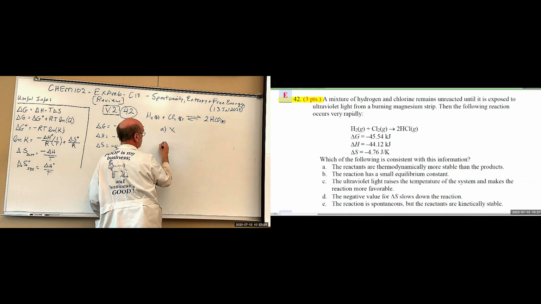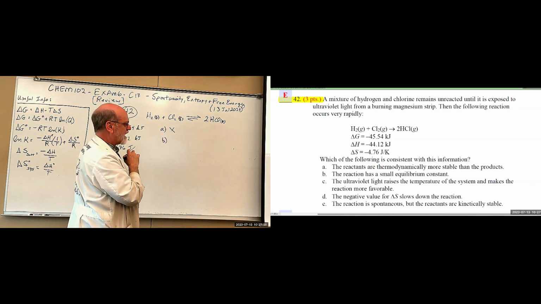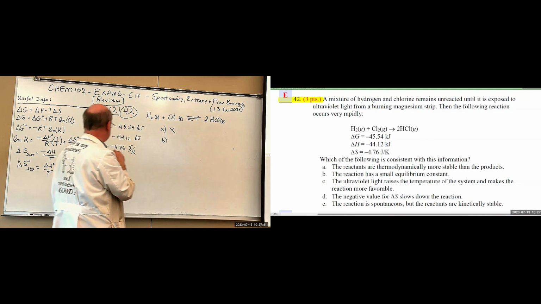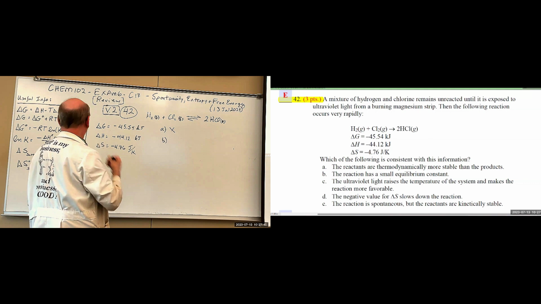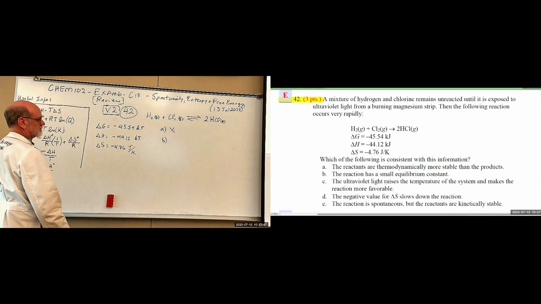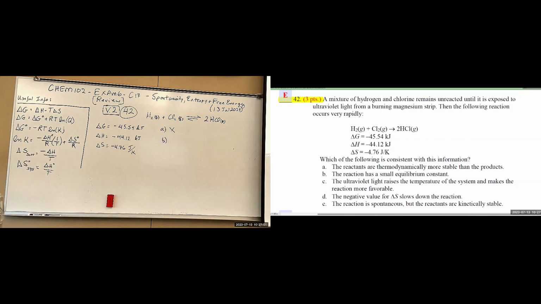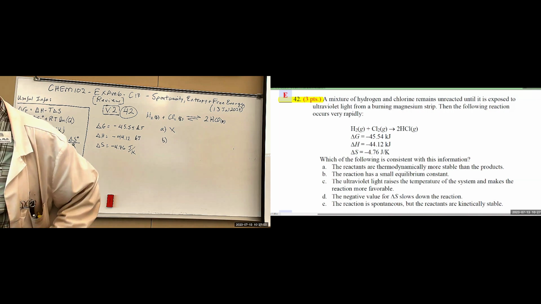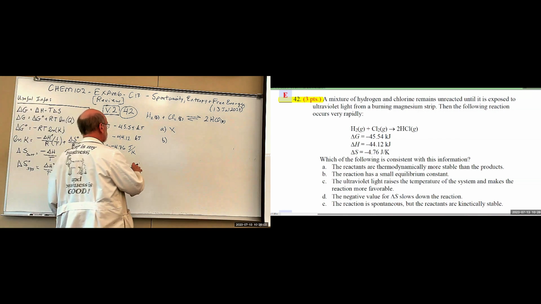So that one's wrong. How about B? The reaction has a small equilibrium constant. Well, how do we find that? Find the equilibrium constant. 42. Let me see, did I actually calculate that? Yeah, I did.